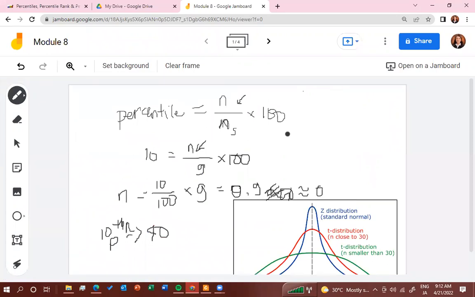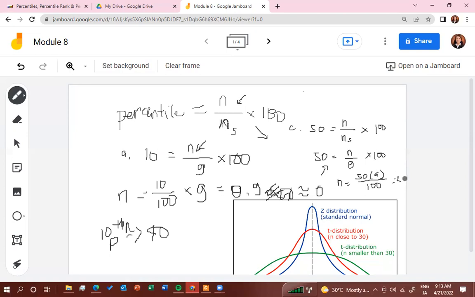So 50 equals n over 100, and since the sample size is 9, we arrange the formula as 50 times 9 over 100, and n would be equal to 4.5.